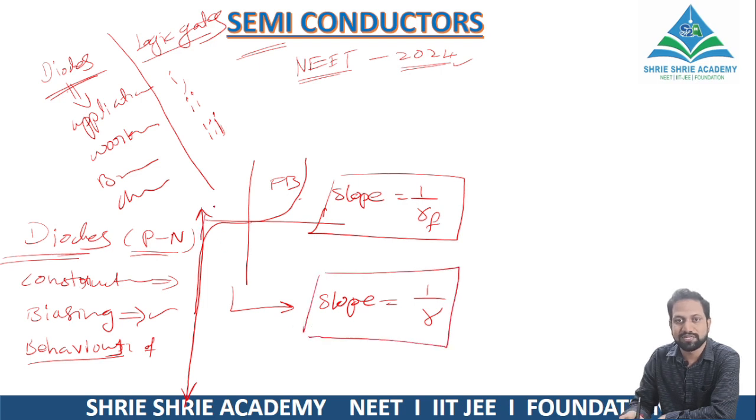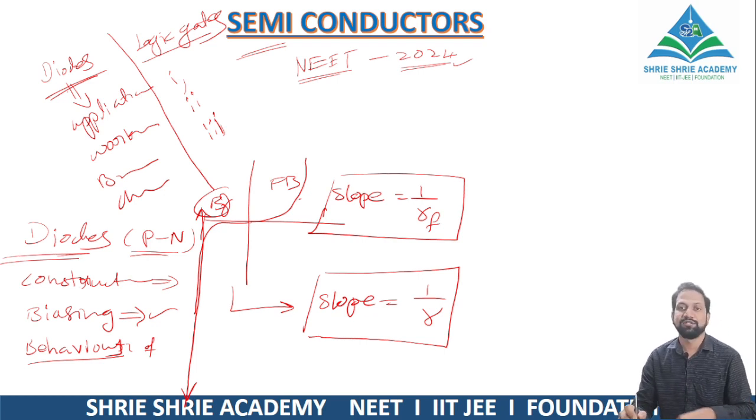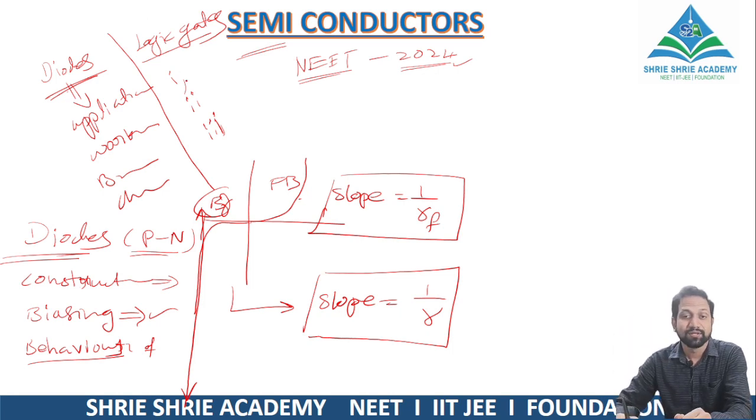And in the reverse bias there will be breakdown also, the breakdown voltage. At what voltage the diode breaks down, and there are two types of breakdowns again, avalanche breakdown and Zener breakdown. What are those? You have to understand that. So the characteristics regarding the diode we have to understand.